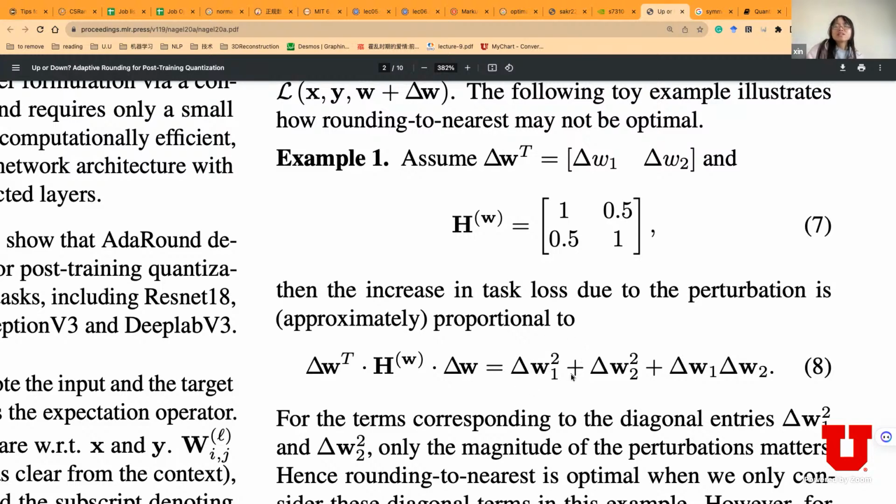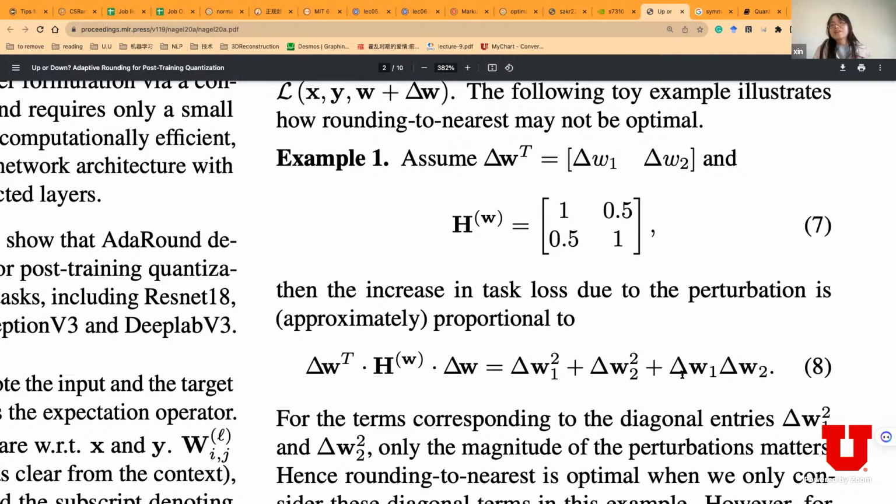If we only look at the error for each single weight, that's the diagonal of this matrix, but it has one additional term, the dependency of delta W1 and delta W2.